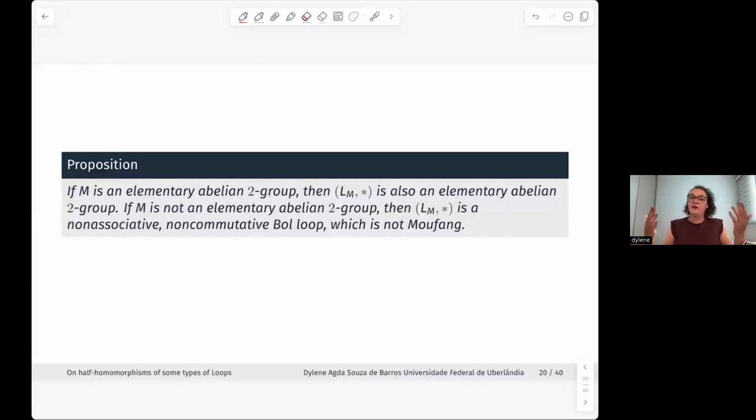So then, well, let's find others and see what the group of half-automorphisms is, okay? And then we start with this example that I put at the end of these slides, and then we saw that that particular Bol loop of order 12 is an example of this kind of Bol loop that we construct here, okay?